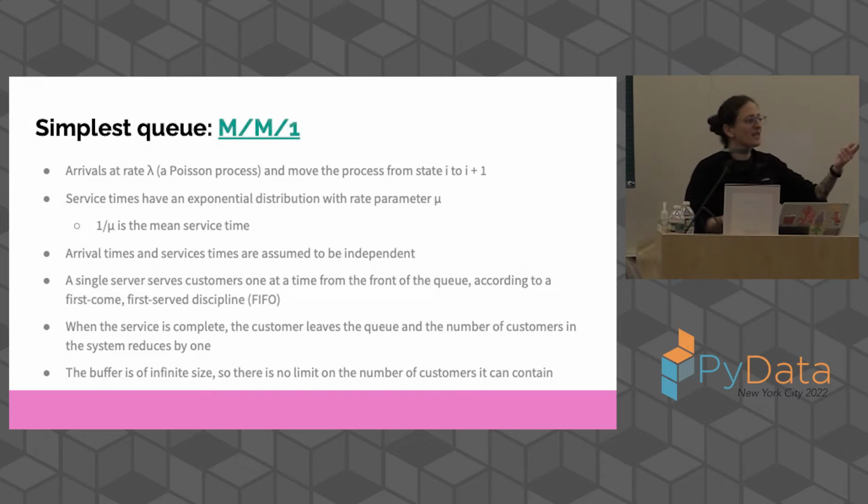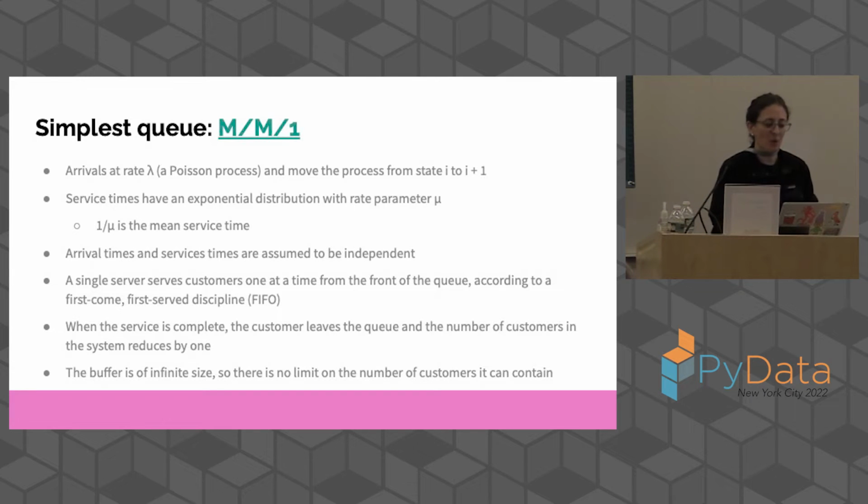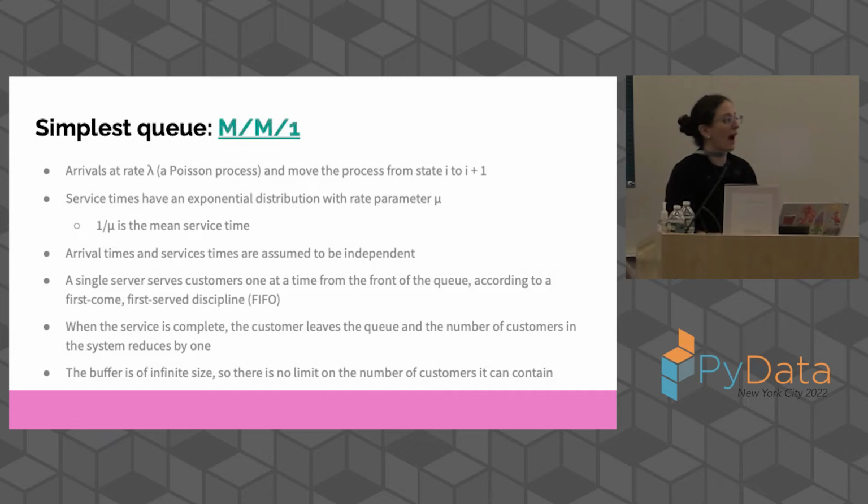All right, so some of this I already said on the prior page. I just wanted to clearly lay out what the M and the 1 were, but we have arrivals that are coming at a rate lambda. Lambda is just the variable we often use to refer to a Poisson process. And when customers or jobs arrive to our simulation, they're going to move through different states in our simulation.